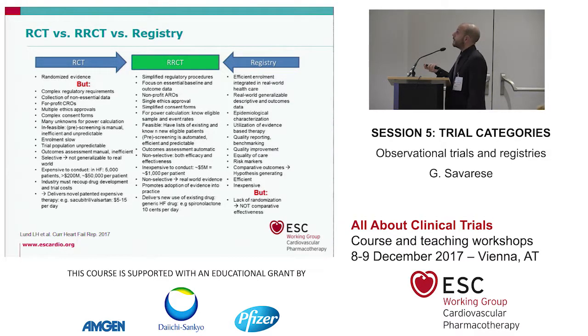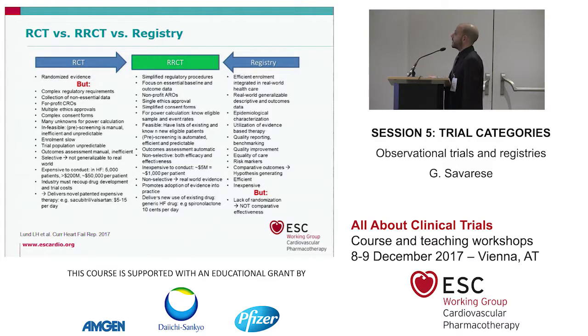And in this very nice slide, from a review that we did in Stockholm, we compared three different study designs: randomized clinical trial, registry-based randomized clinical trial, and registry. In a randomized clinical trial, there is a big advantage, the randomization of patients, but there are a lot of disadvantages: they are really expensive, there are a lot of inclusion and exclusion criteria, and they may not be representative of real-world patients.